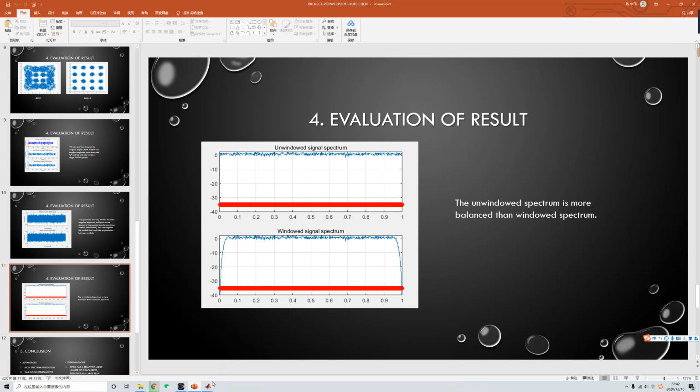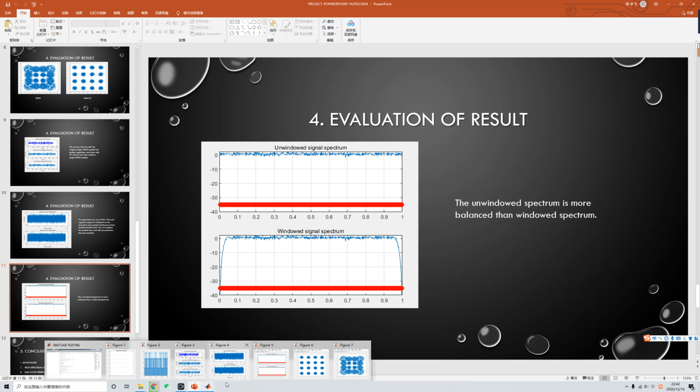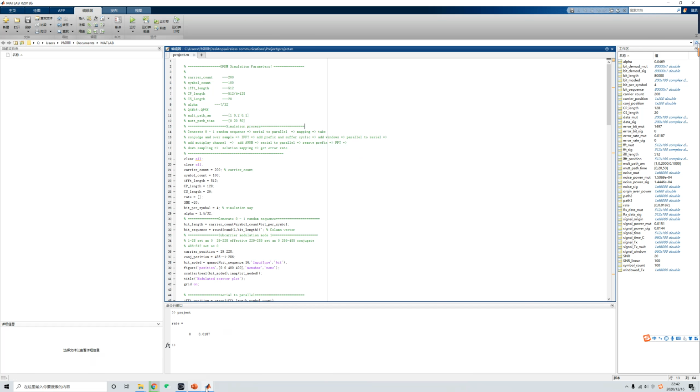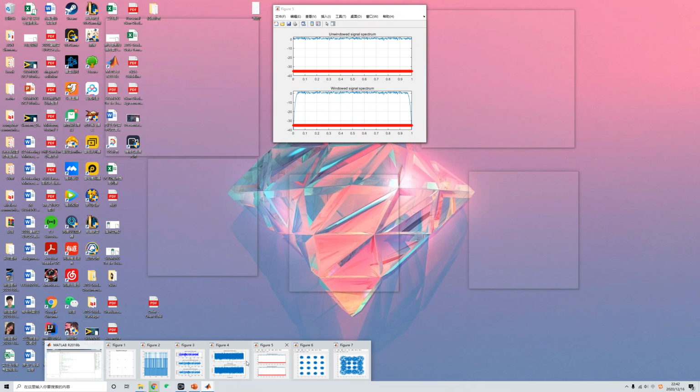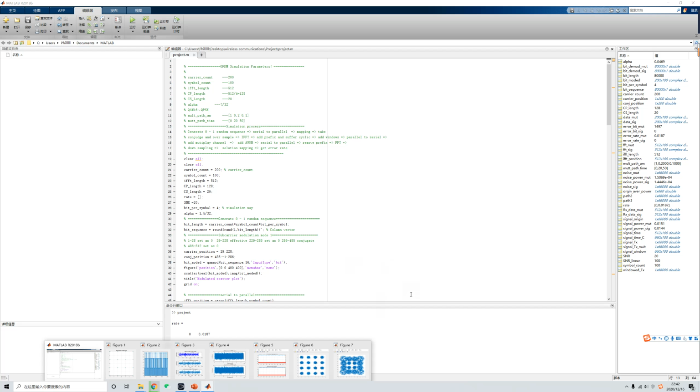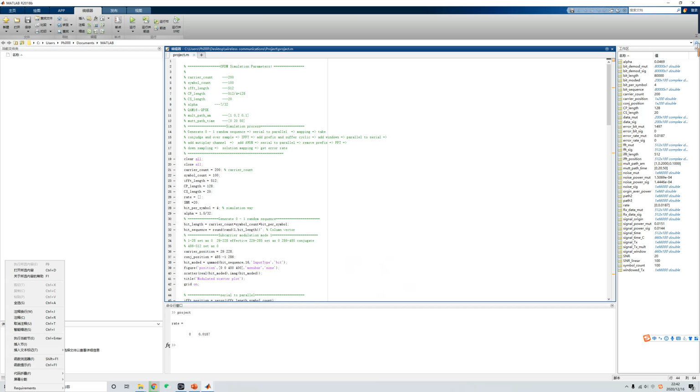So from the PPT and the plots I drew, we can see the error between the different channels and the single OFDM is very small, but it cannot be avoided. So there is still a very small error rate.